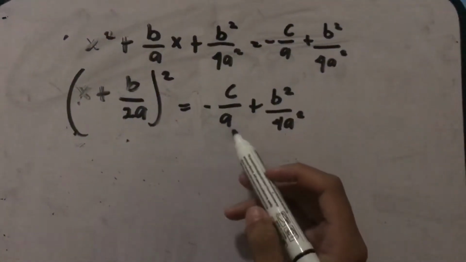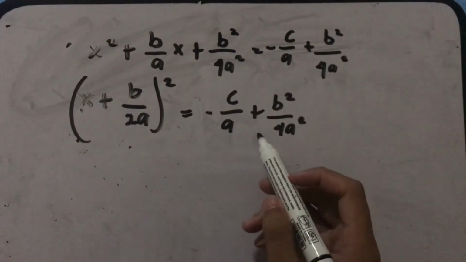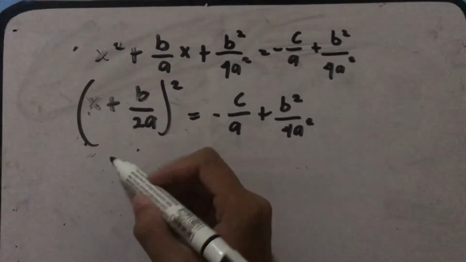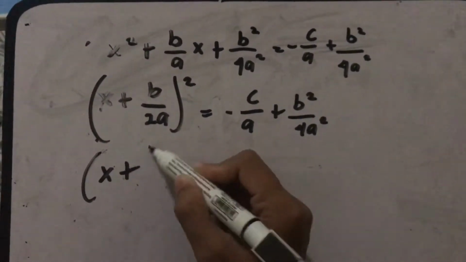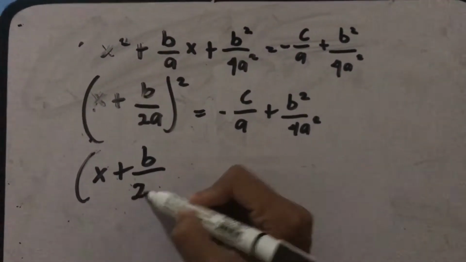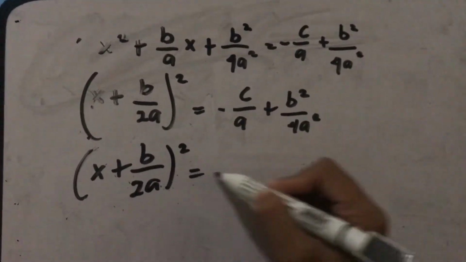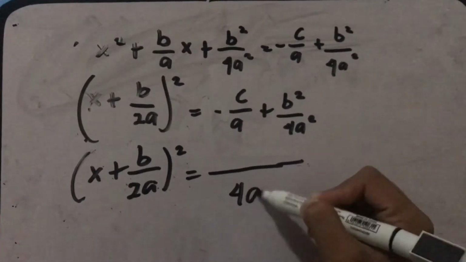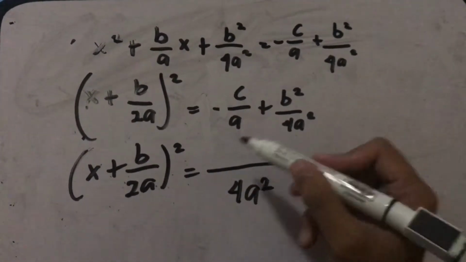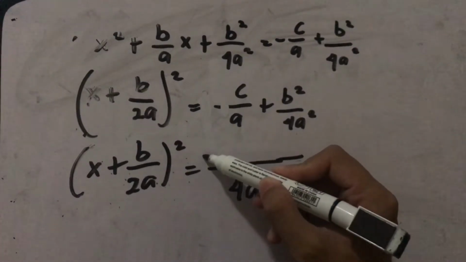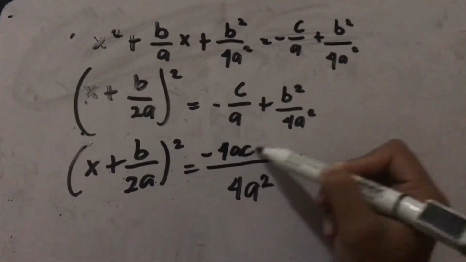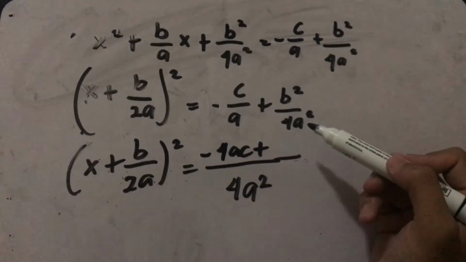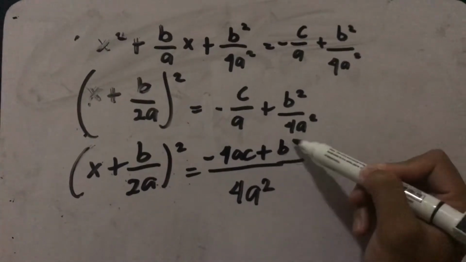So we need to simplify the right side of the equation. Kuha natin yung LCD, 4a squared. 4a squared divided by a is 4a times c, negative 4ac, plus 4a squared divided by 4a squared, 1 times b squared, b squared.